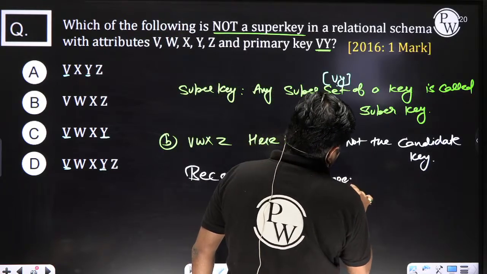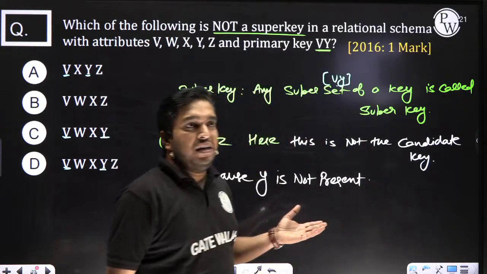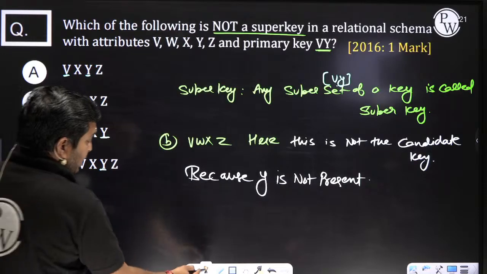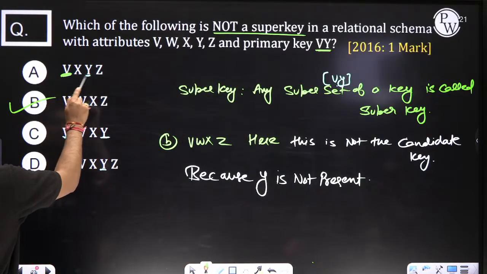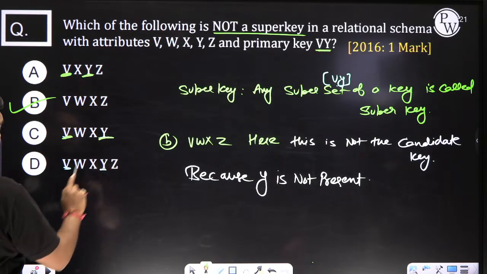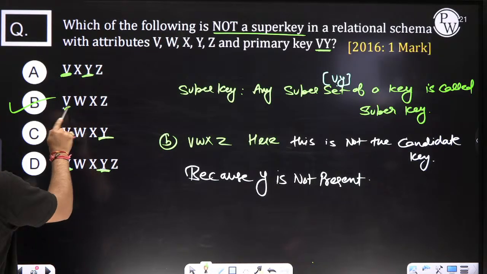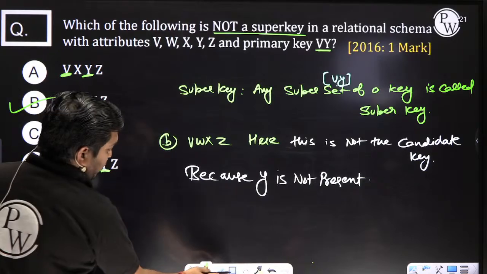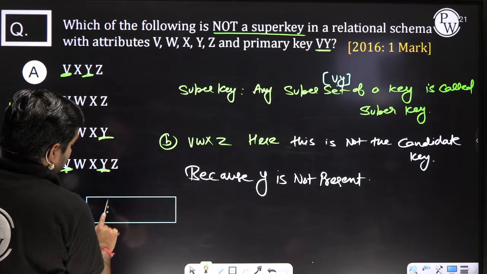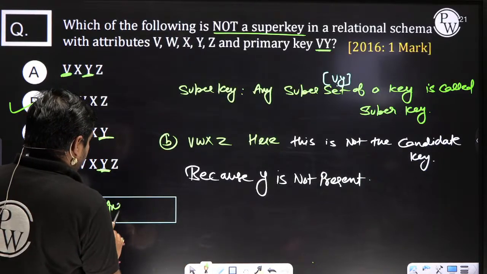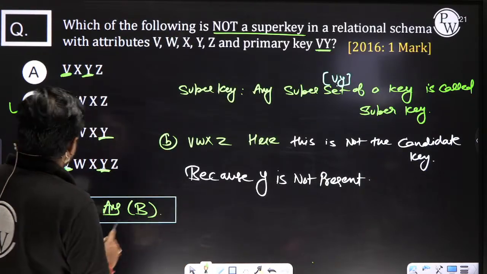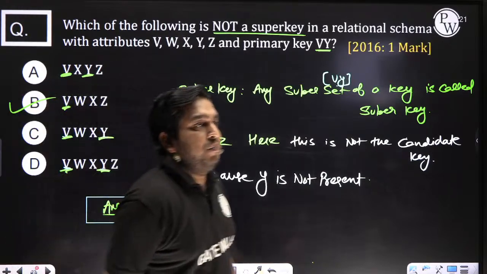The FD set is also not there, so you can't conclude, my dear. Correct, VY is there. This is correct, but here only V is there, Y is not. What is the correct answer, my dear student? Here B is the correct answer.